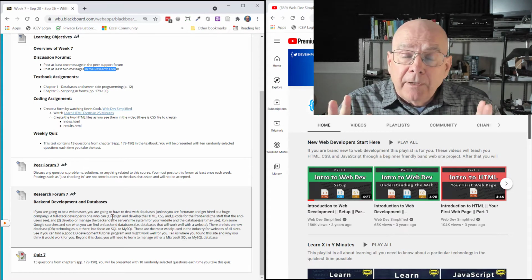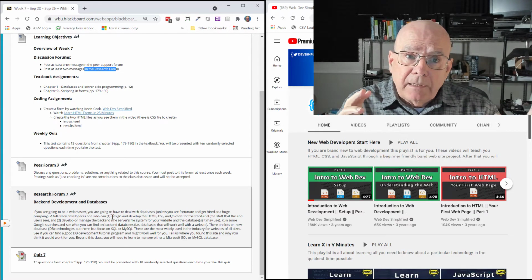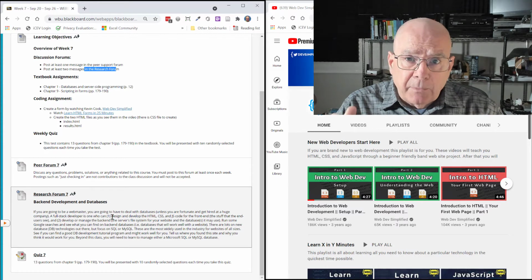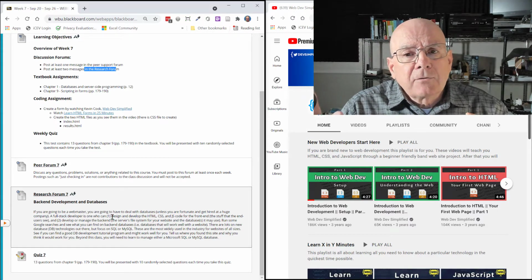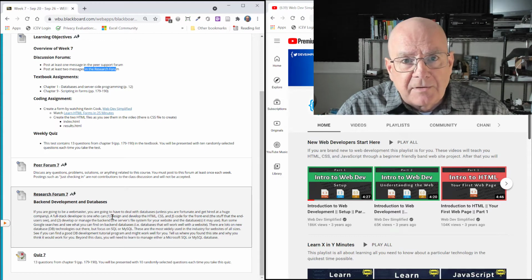When we talk about front end, we're talking about the aspects of the website that the user sees and interacts with. The back end is the part of the database that the user never sees, but yet surely they're aware that there is such a thing as the back end of a website.